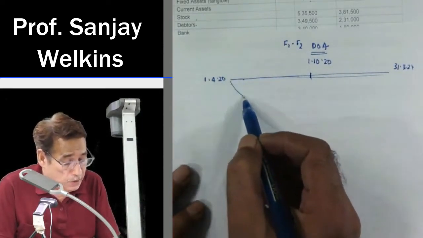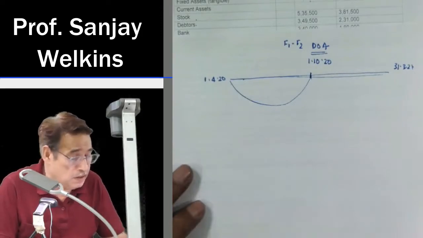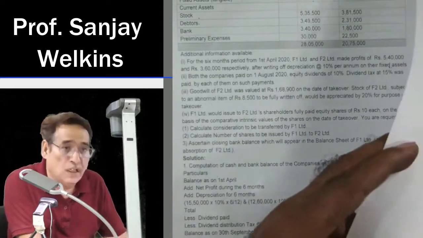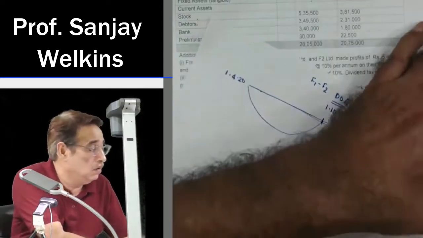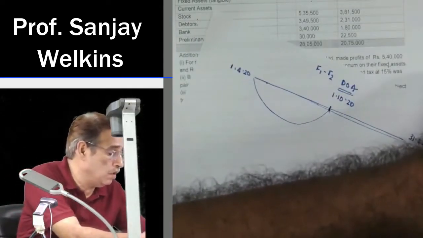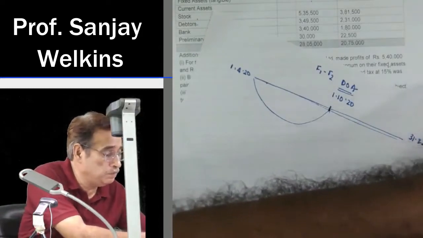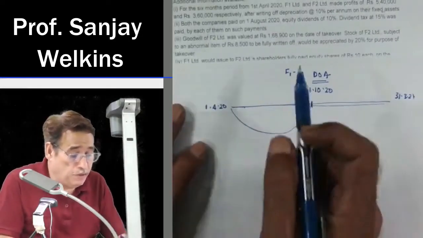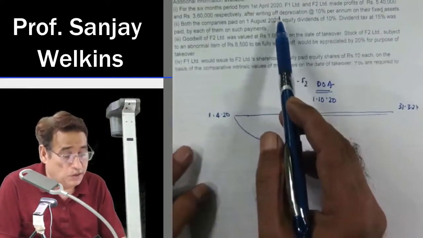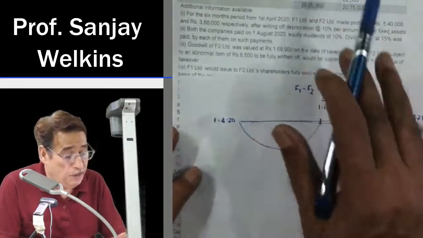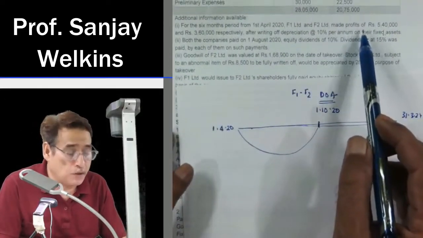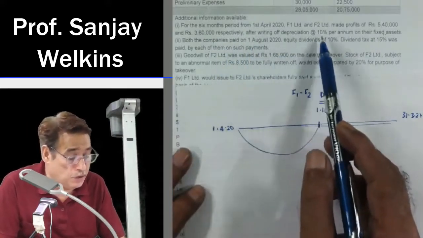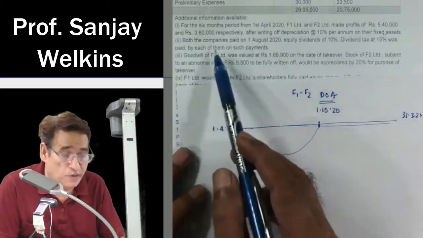In the first 6 months, what is happening in this question is stated below. For the first 6 months period from 1st April 2020, F1 Limited and F2 Limited made a profit of 5,40,000 and 3,60,000 respectively after writing off depreciation at the rate of 10% per annum on their fixed asset.